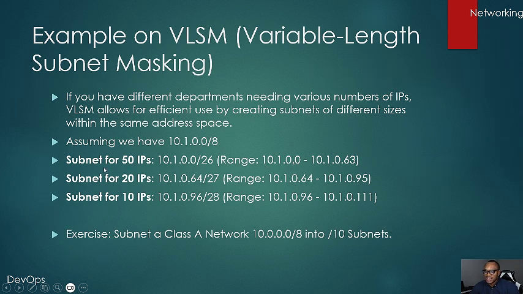All right. Now we have another department that needs 20 IP addresses. How many bits do we need for the host portion to create 20 IP addresses? We need 5, right? 2 raised to power 4 is 16. That's not enough. So we need 5. 2 raised to power 5 is 32. If you remove 5 from 32, you have 27.